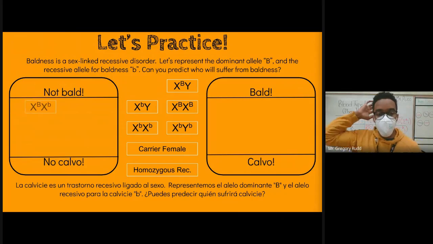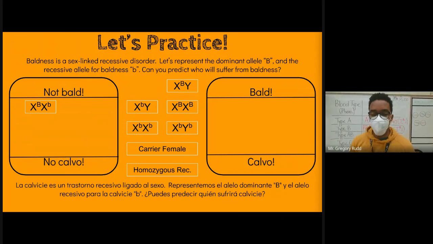That person is not bald. That person is heterozygous. So yes, they do have one recessive allele, but they also have a dominant allele, which prevents them from having this baldness trait. All right, the next person, X capital B Y. Are they bald or not bald? They're not bald because they have that dominant allele again.